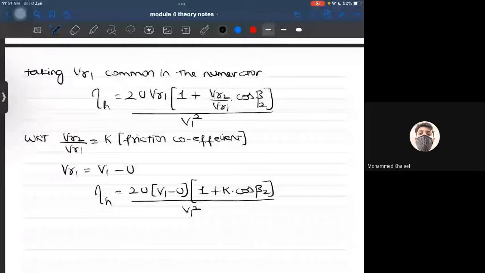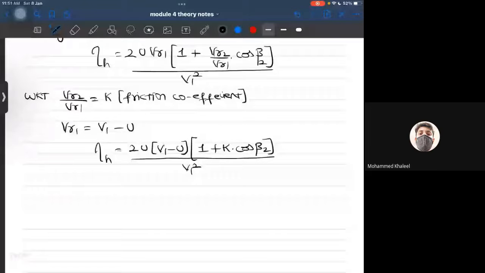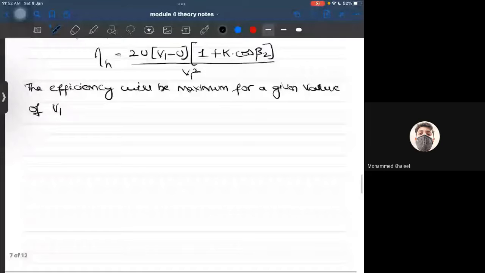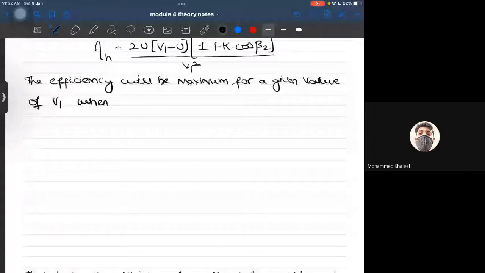Next, the efficiency will be maximum for a given value of V1 when d by dU of efficiency is equal to 0.